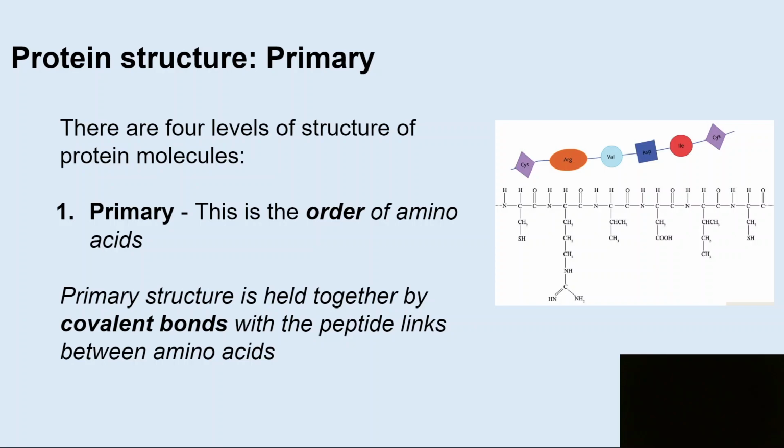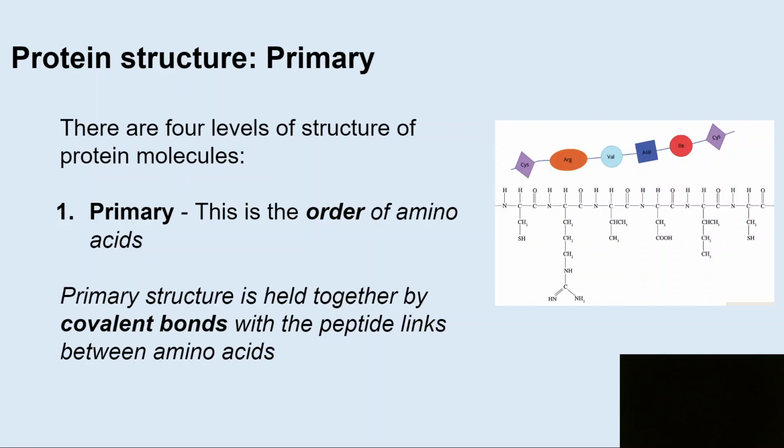So here's a chain of a protein, or a protein really is just a polypeptide. We call these the residues or the R groups. Amino acid residues is one way to think about it. I've got cysteine, CH2SH, arginine with its functional group, valine, asparagine, isoleucine, cysteine, and so on.